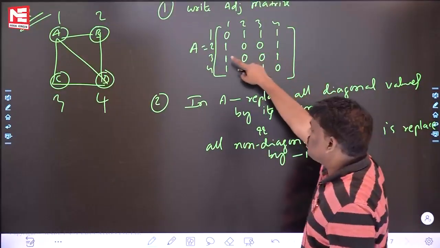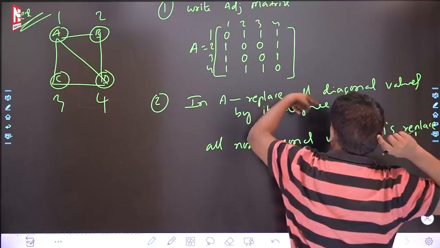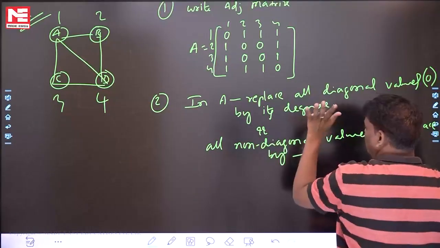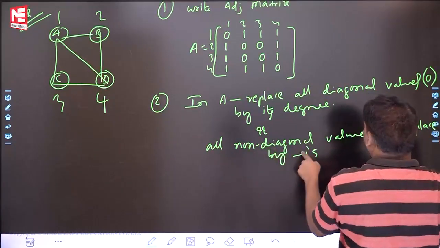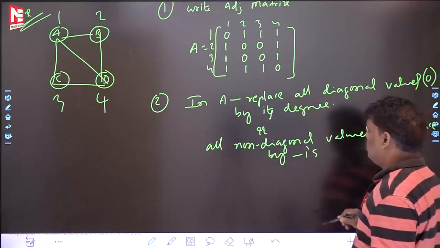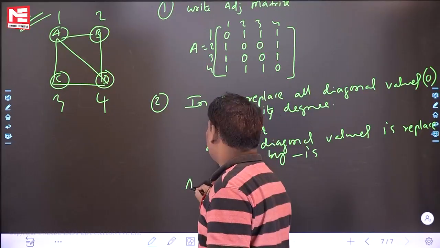In the adjacency matrix, replace all diagonal values, which are zeros, by its degree, and all non-diagonal values once, replace by -1s. What is the meaning? I will explain.